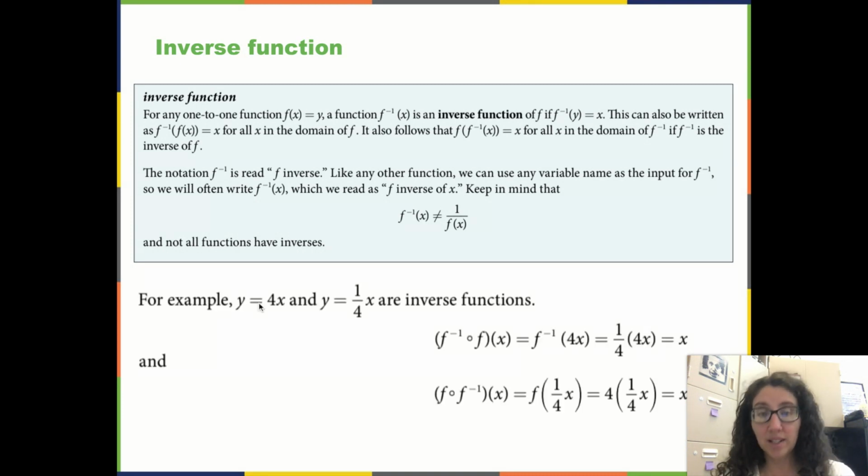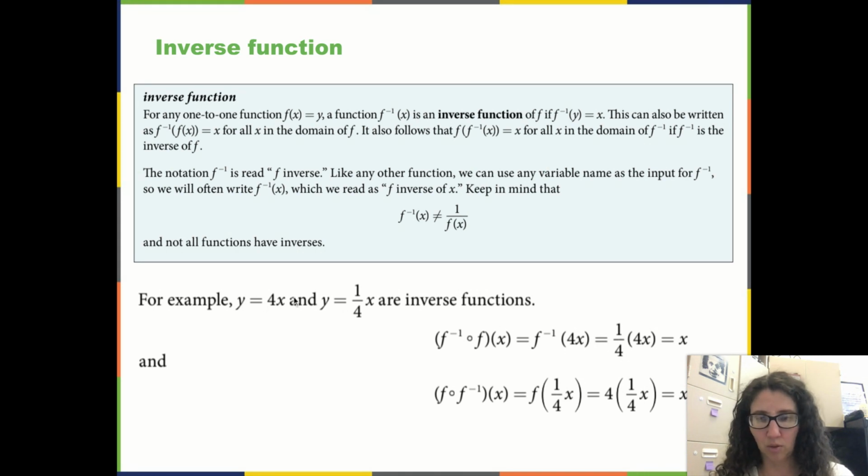Okay, so for example, we've got one function, y equals 4x, and another function, y equals 1/4 x. They are inverse functions, and let's show it. If we compose them together, f inverse composed with f of x equals f inverse of f of x, which is f inverse of 4x. I guess we're calling this f of x and this f inverse.